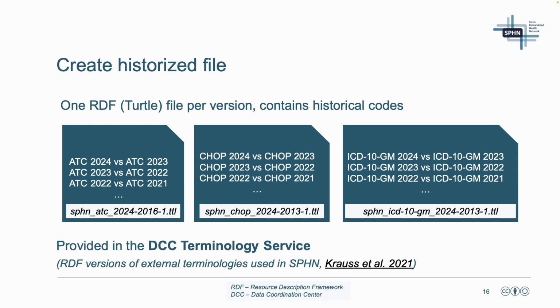So for instance, in the ATC 2024 to 2016 turtle file, we have the codes from ATC 2024, which are provided both with an unversioned and versioned URI, but we also have all the codes versioned back to 2016 with their OWL equivalent class connections when they were identical to their consecutive version. These files are provided in the DCC terminology service.